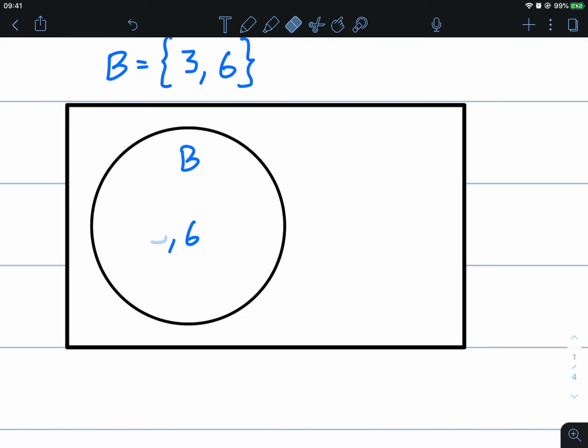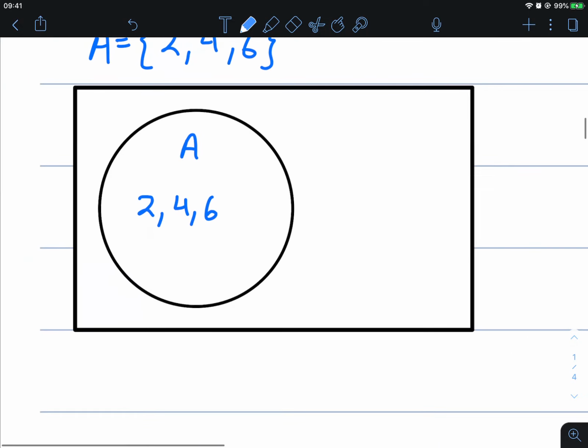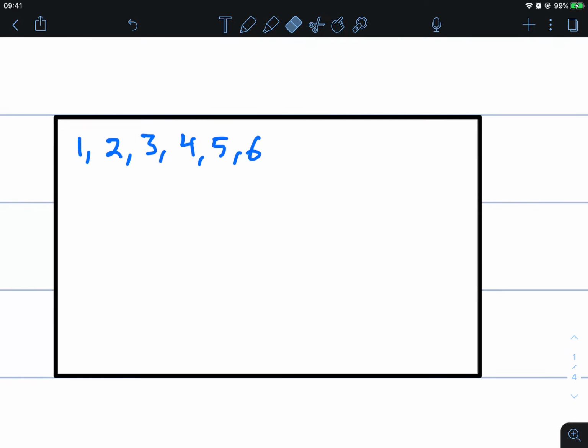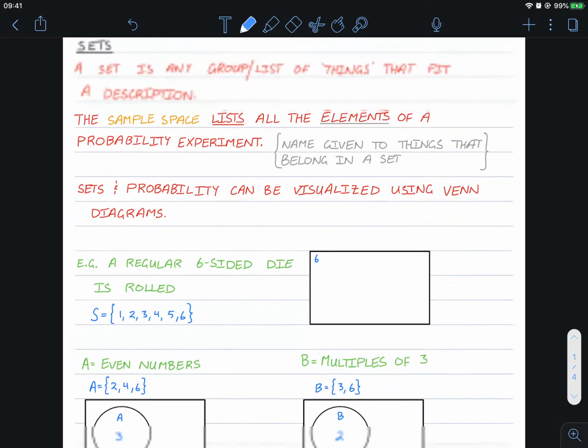So rather than write 3 and 6, we'll just write 2. Set A has 3 elements, 2, 4, and 6. So rather than write 2, 4, and 6, we'll just write 3. And same goes for this one. Rather than write 1, 2, 3, 4, 5, 6, we have 6 elements, so we'll just write 6 on the outside, like so.